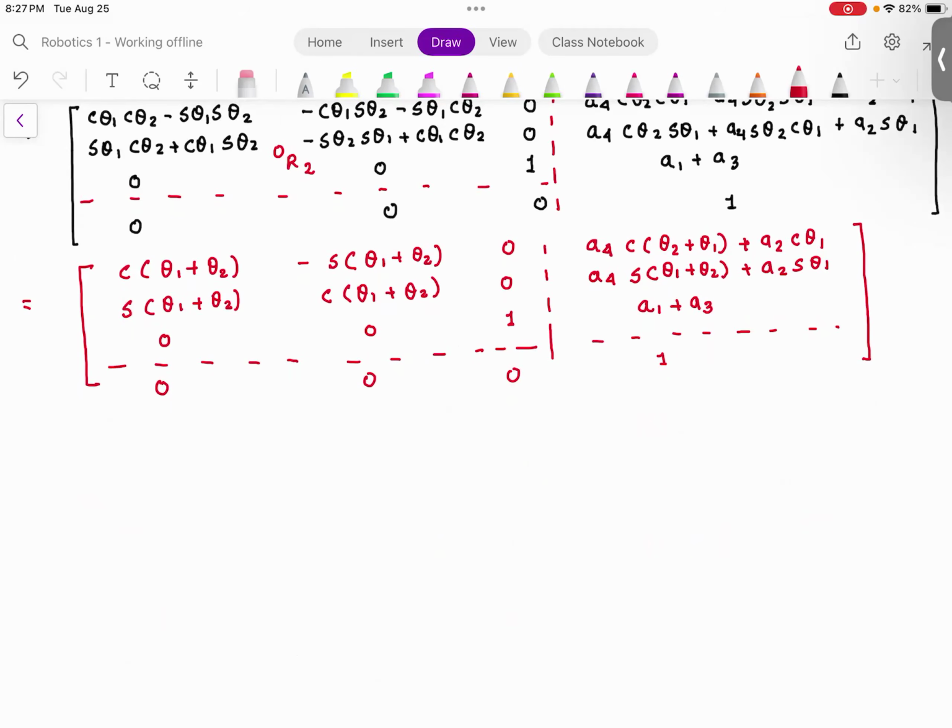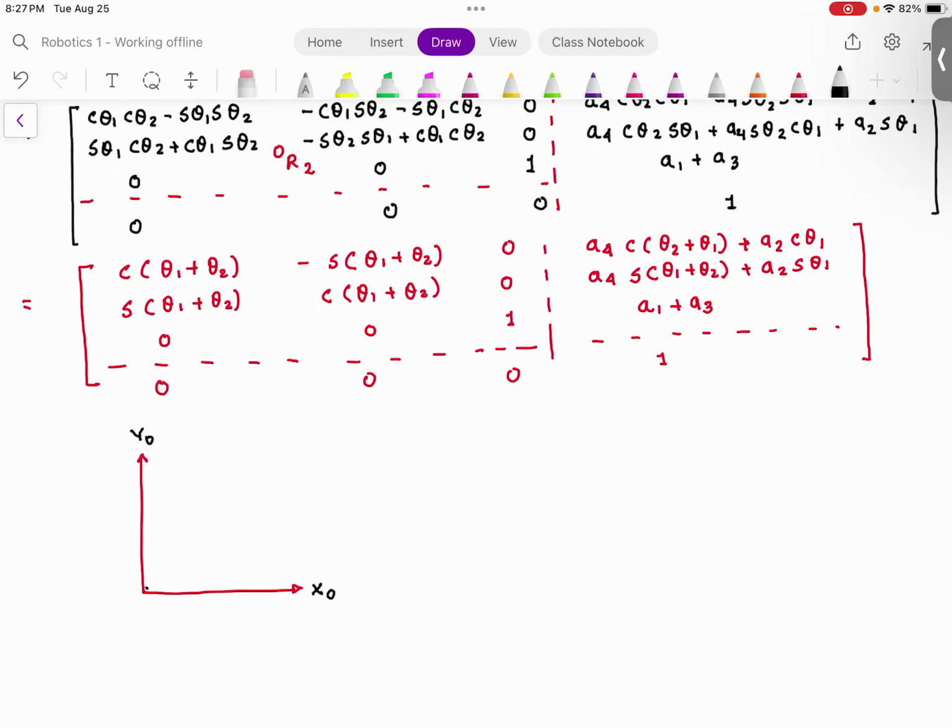So now what I'm going to do is draw this diagram. The horizontal axis is x0, the vertical axis is y0, and z0 is coming towards us.